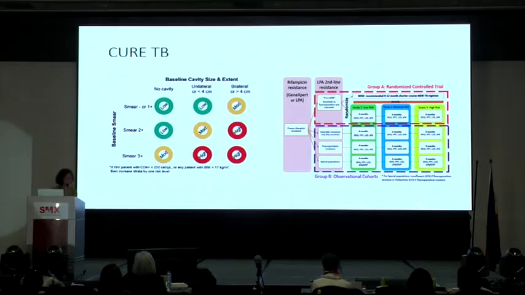It looks at risk stratification. So if you have a cavity and you have a smear plus 3, you will have a longer regimen. If you have a simple smear negative or +1, then you can have a shorter regimen at 4 months. It's being proposed but not funded yet.